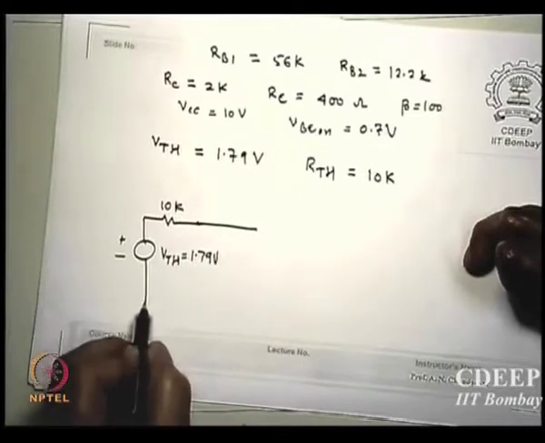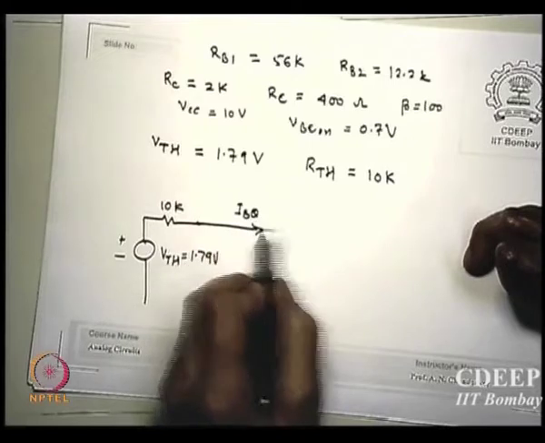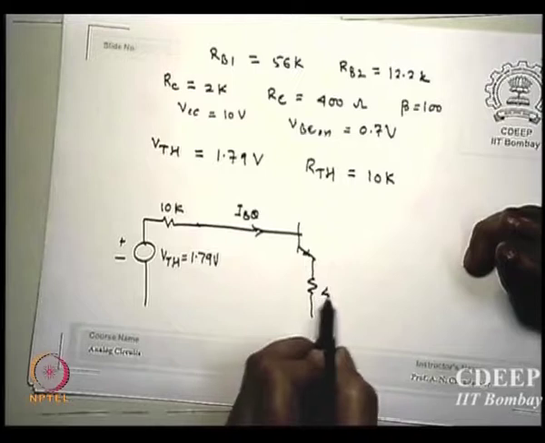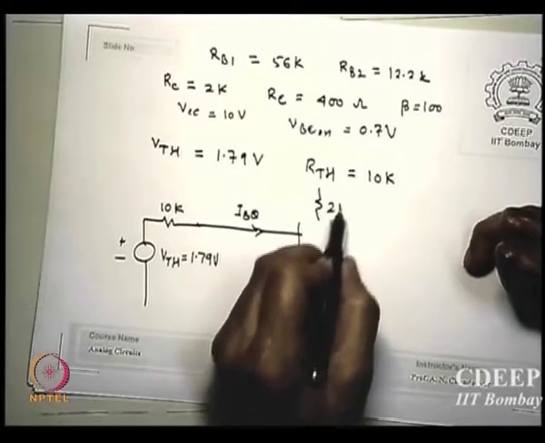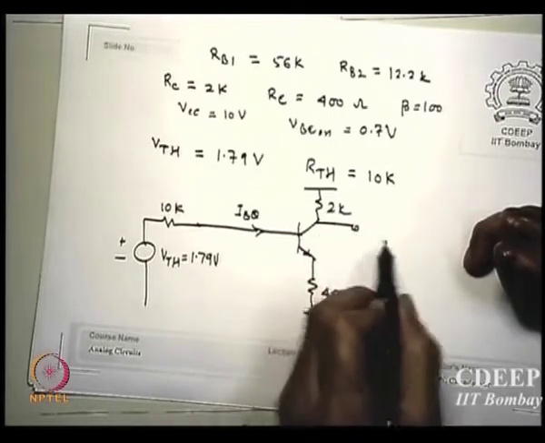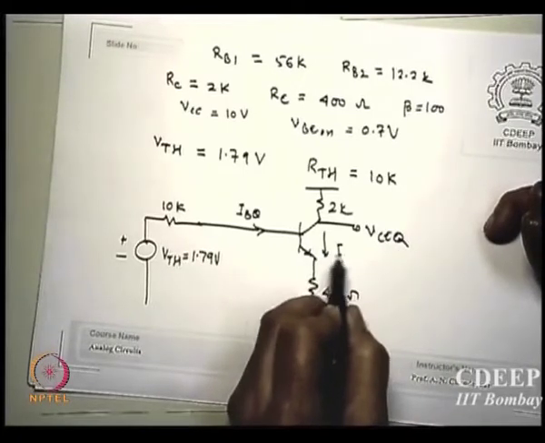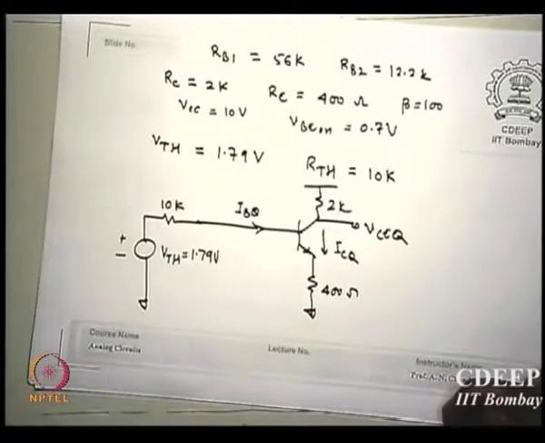Then this is my IBQ, this is my transistor, this is my 400 ohms, this is my 2K, and this is my VCQ. So this is the equivalent circuit.